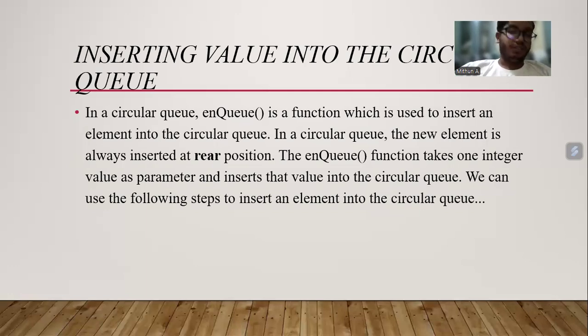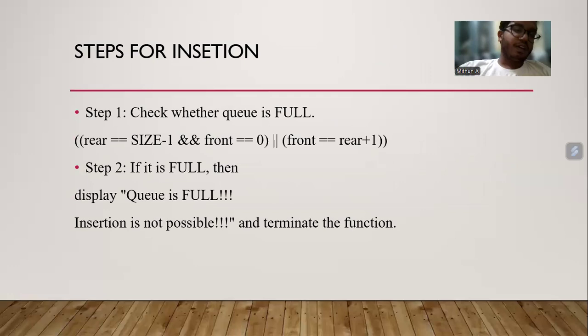In a circular queue, the new element is always inserted at the rear position, which starts at -1, and the enqueue function takes one integer value as a parameter and inserts it into the circular queue. Here are the steps we need to follow for insertion of an element into the queue.